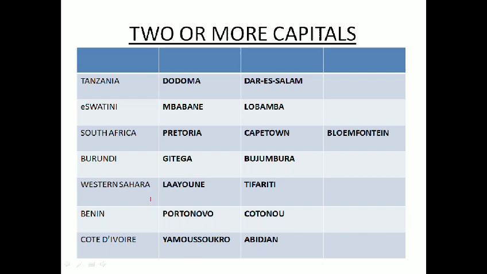At the same time, the surrounding countries like Morocco, Algeria, Mauritania, all are claiming their authority over the Western Sahara. It also has two capitals, Lyon and Tifariti. Benin also has two capitals, Porto Novo and Cotonou. Cote d'Ivoire has two capitals, Yamoussoukro and Abidjan.